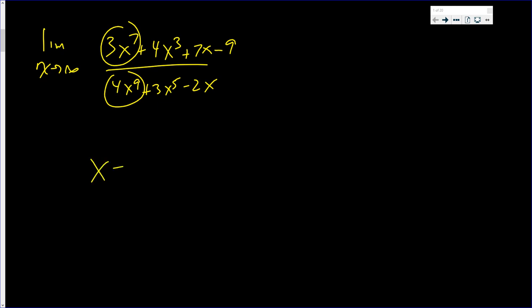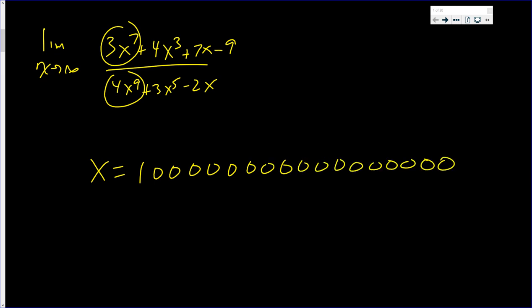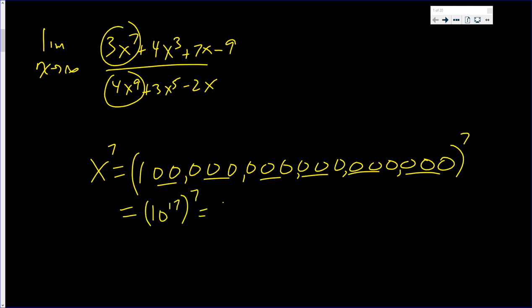The lower terms don't matter. If x is equal to this really, really large number, okay, if somebody owed you this amount of money raised to the 7th power, this has 3, 6, 9, 12, 15, 17 zeros. That's 10 to the 17th to the 7th.